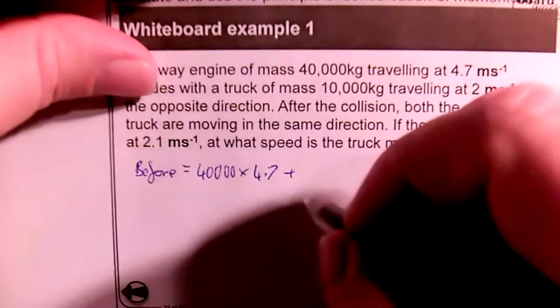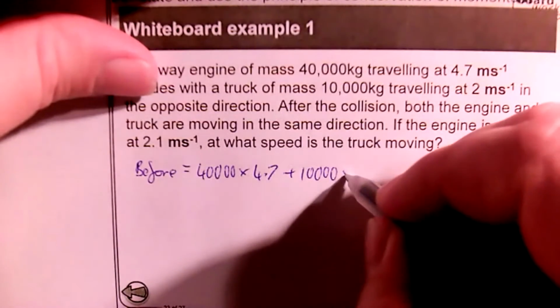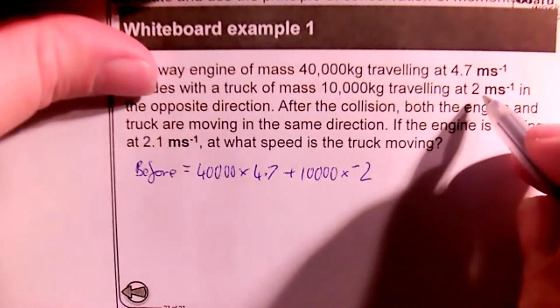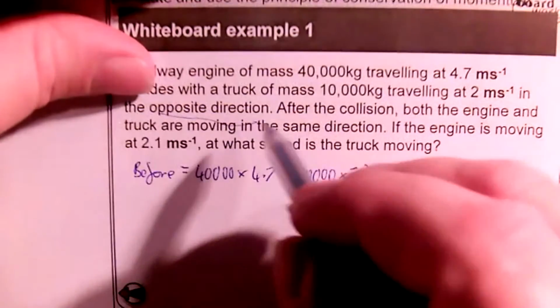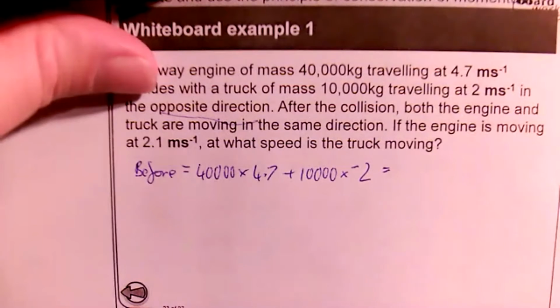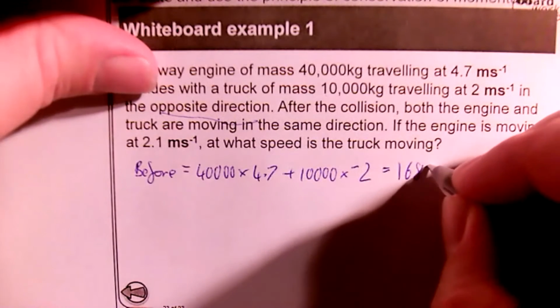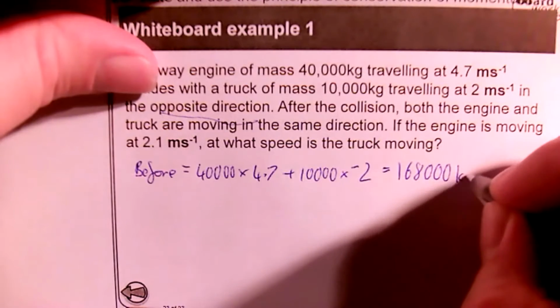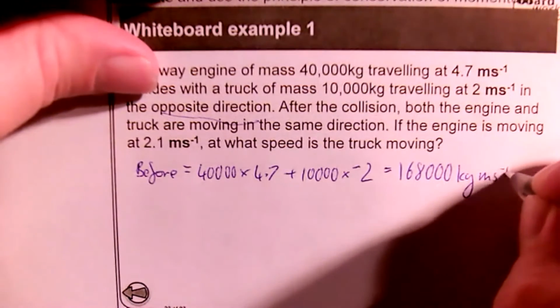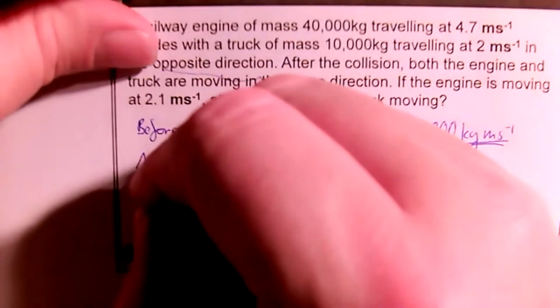So that's 10,000 multiplied by minus 2, because it's moving in the opposite direction. We calculate that and I think we get 168,000 kilogram meters per second. Then we think about afterwards again.